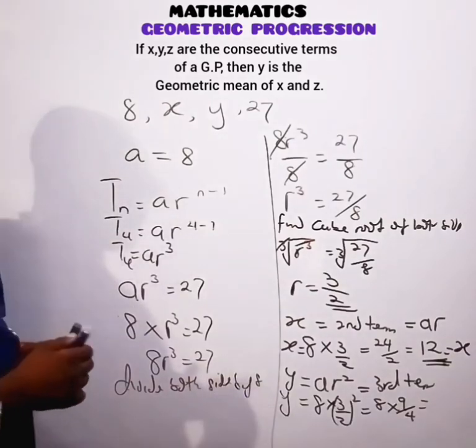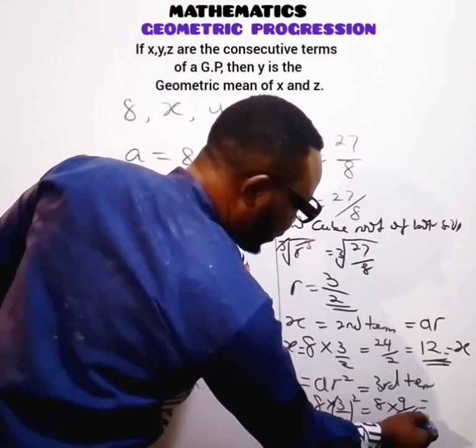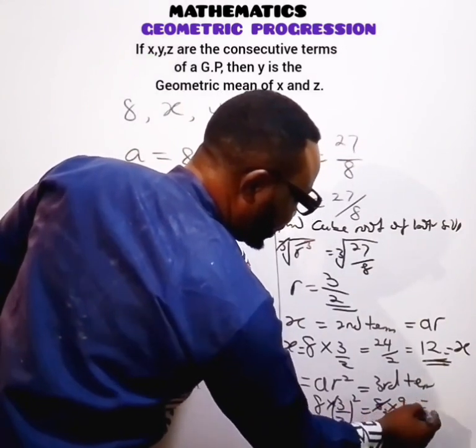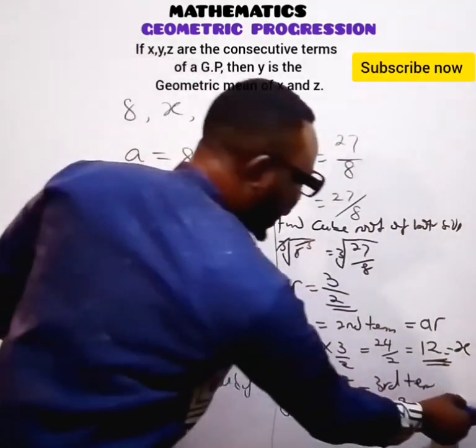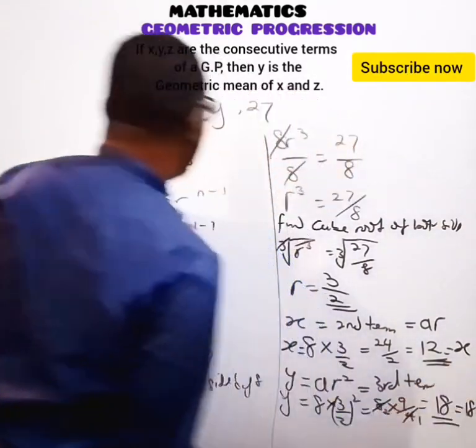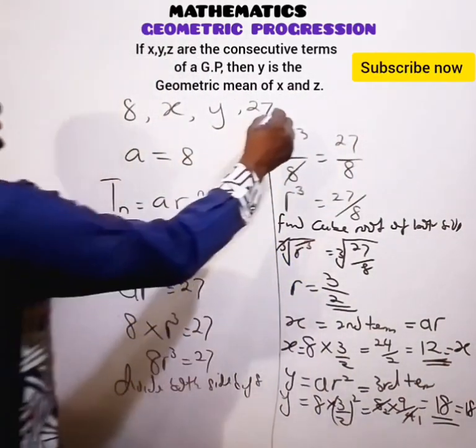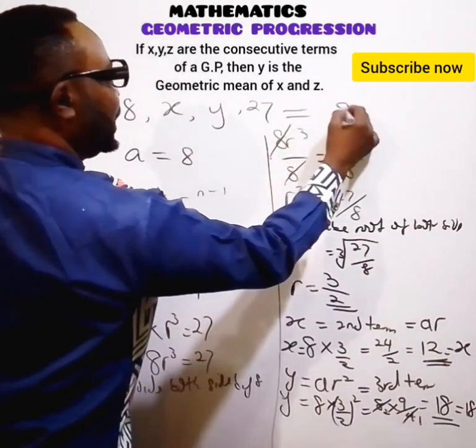Let's now try and divide it. 4 here 1, 4 here 2, 2 times 9 is 18. So I can now say that my y is equal to 18.